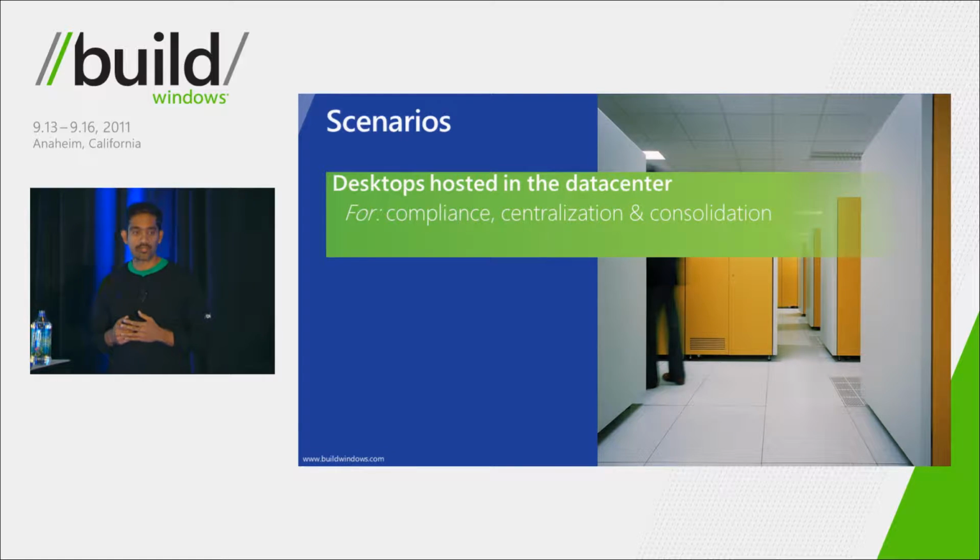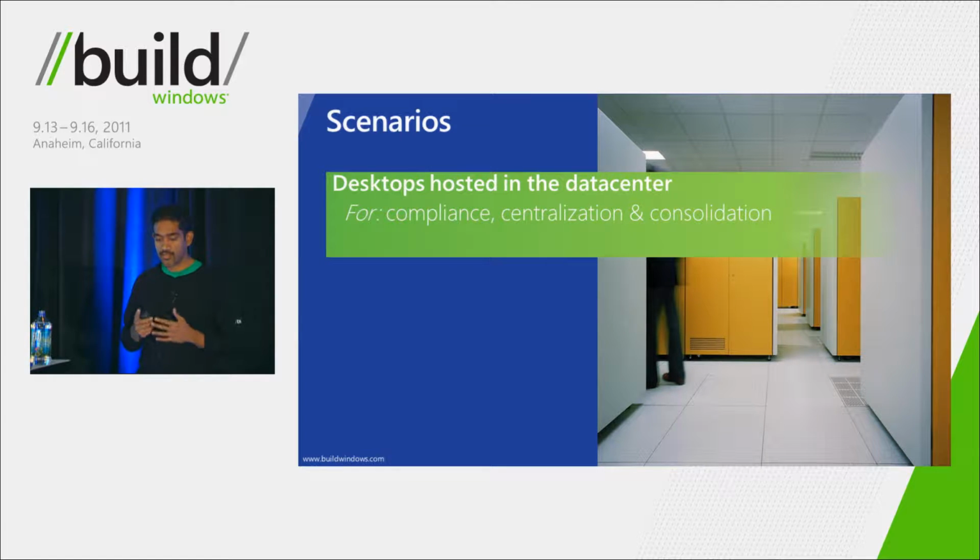Secondly, you have centralization. If you have desktops that are distributed at all the different locations, let's assume you have a bank with a bunch of branch offices, and if there's a problem with the user's PC, you require an IT pro physically located in that location or being able to get to that PC. But if your desktop instead is in the data center, then it becomes a lot easier for the admin or the IT pro to manage that desktop, maybe fix it, or even give you another desktop while they're fixing yours.